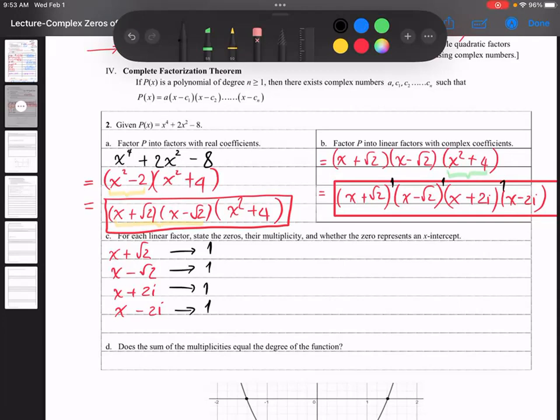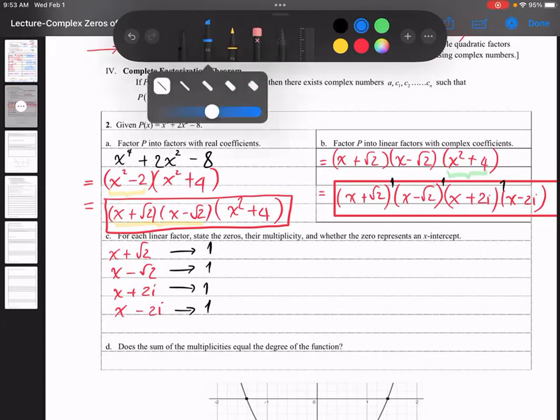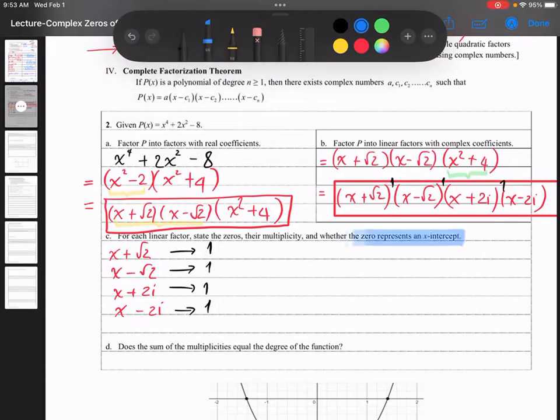If you add up together, your total multiplicity will be 4, right? And it makes sense. Your original problem has the degree of 4. Which ones represent the zeros on the x-axis? Yeah, so the zeros on the x-axis will be the two guys.